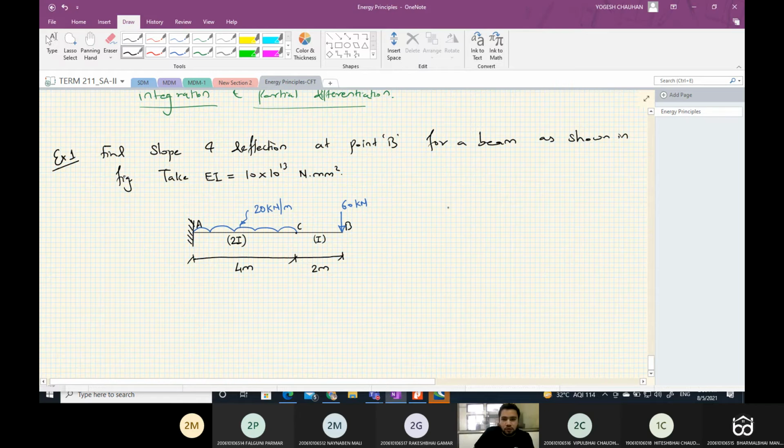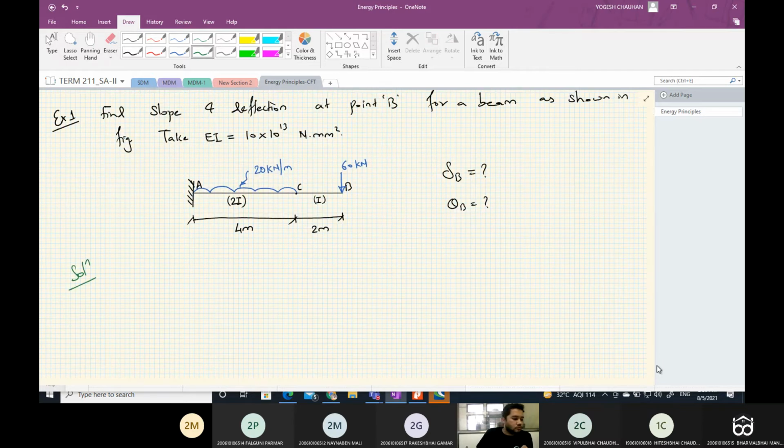Now we are supposed to find deflection at B and slope at B. So let us solve this. First we find the deflection.